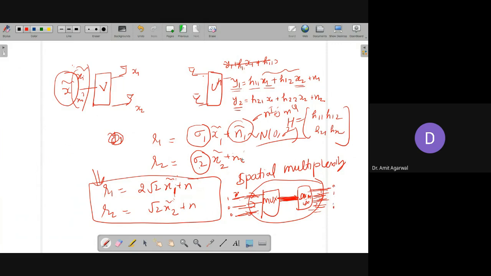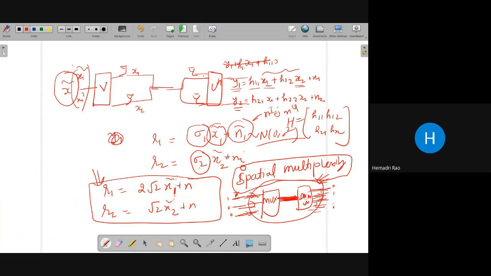I'm just relating this concept to your knowledge of digital electronics. That is why it is called spatial multiplexing, because you are doing something like that. In the channel you transmit this, and at the receiver you have this.